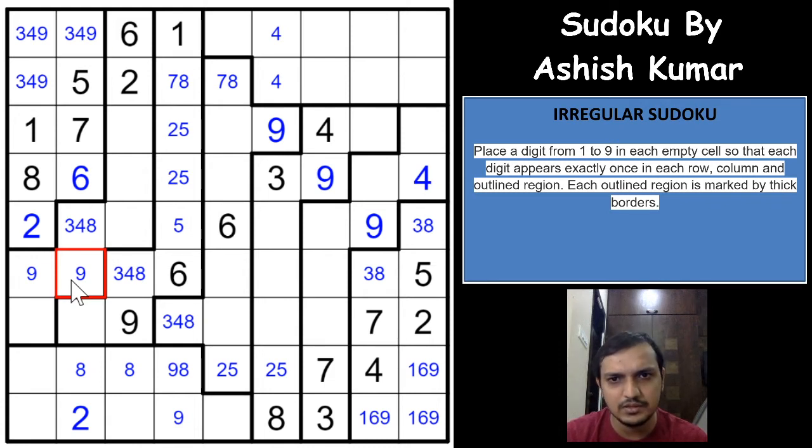Do we get anything else here now? In this column, where can a 7 be? A 7 cannot be here because of the 7 here. The 7, 8 pair is locked here, so 7 cannot be here. The only place for 7 is here. Superb.